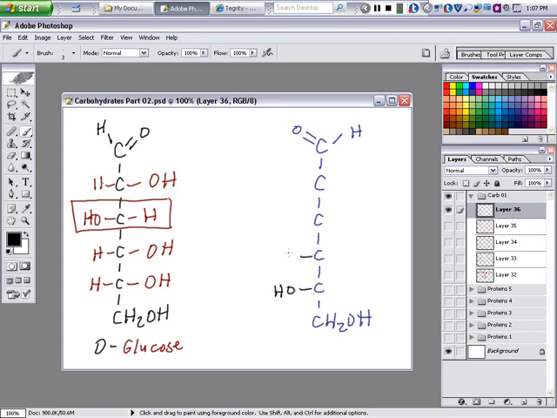D-glucose is what's in your body then, right? Exactly, D is in your body. Is L found anywhere? Is it in different animals? Some microorganisms have L carbohydrates, and they have them in their cell walls.